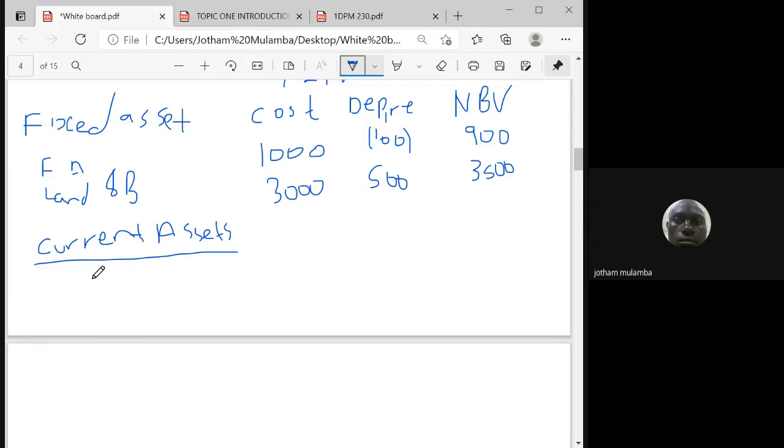So we'll record those assets, then we can record those values here. Then we'll add and get the total. So the total, we'll bring it in the last column. Then we'll add to the total fixed assets.